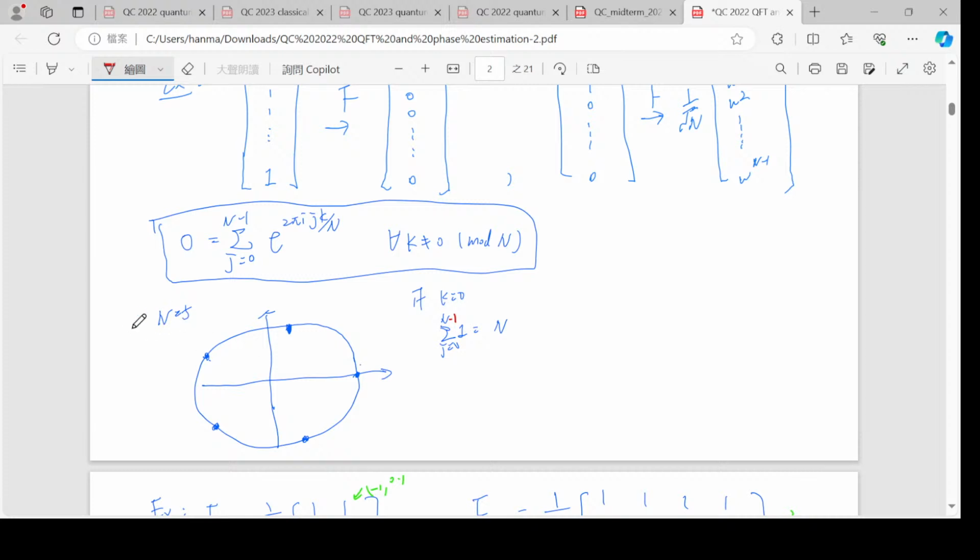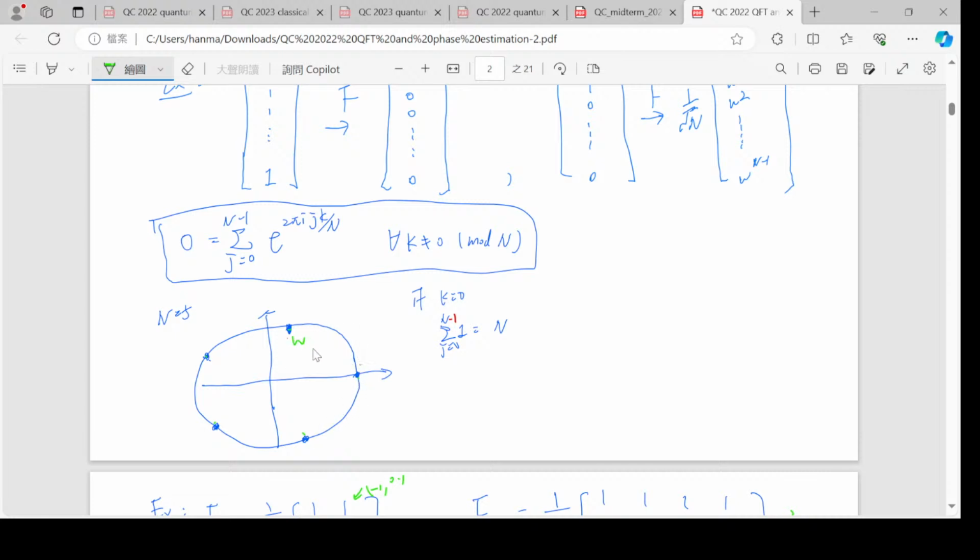For example, we have the n equal to 5 example here, and we have 5 points. So omega equals e to the 2 pi i over 5, and the points are omega to the 0, omega to the 1, omega to the 2, omega to the 3, and omega to the 4, and omega to the 5.